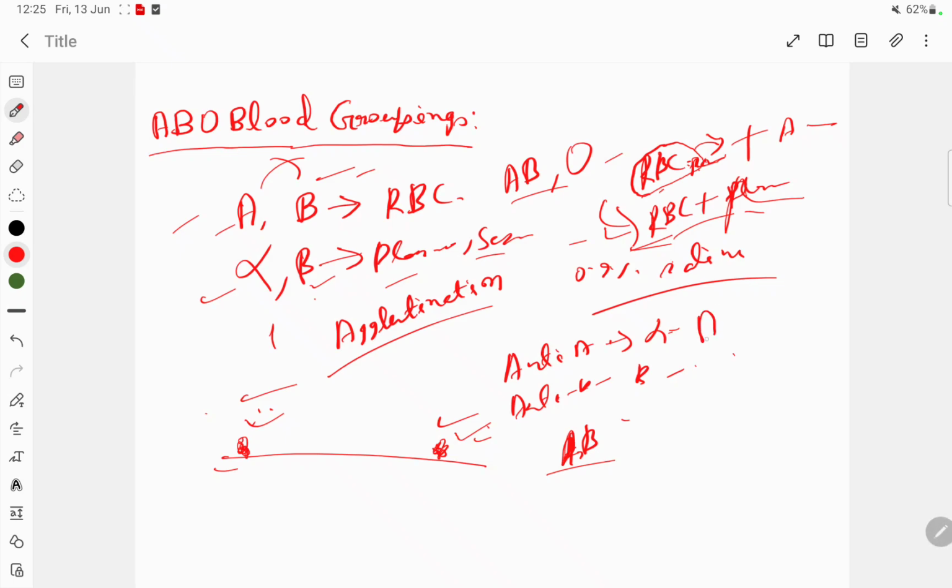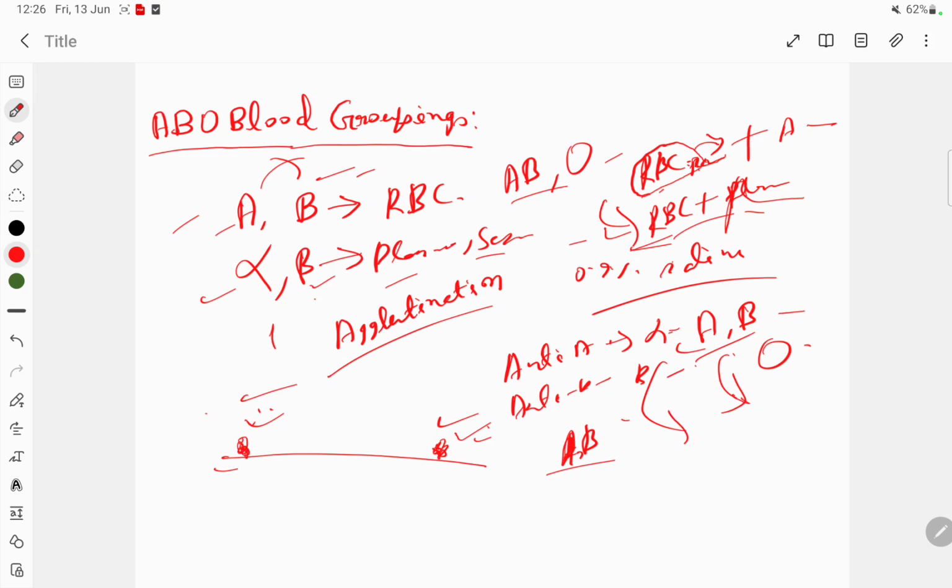Now the A and B blood groups follow Mendelian genotype, and they depend on the genes of the parents of the individual. A gene and B gene are dominant and O is recessive.